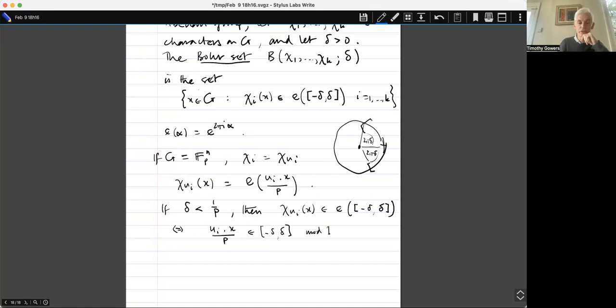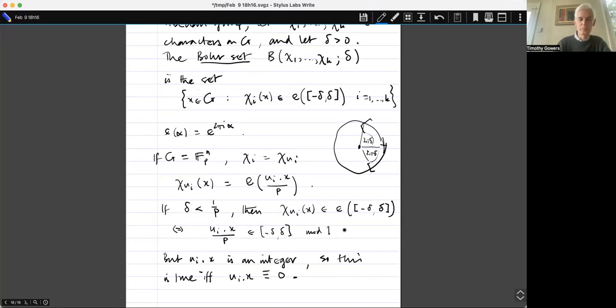But u_i dot x is an integer, or a residue class of an integer, but let's just call it an integer. The main point is that u_i dot x over p is a multiple of 1 over p, and so if delta is smaller than 1 over p, this is true if and only if u_i dot x equals 0, where the equals is mod p.